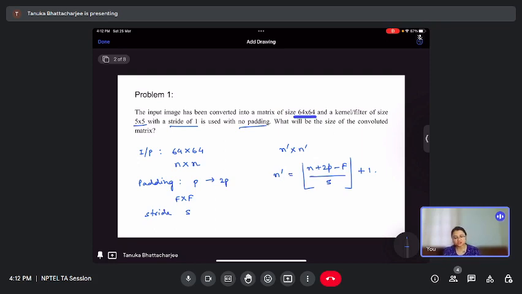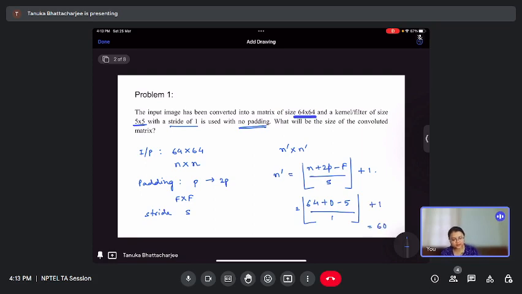So here in this particular problem our n is 64 and there is no padding, so p is of course 0. Your filter size is 5 cross 5, so f is 5, and your stride is 1. So this will be 60.